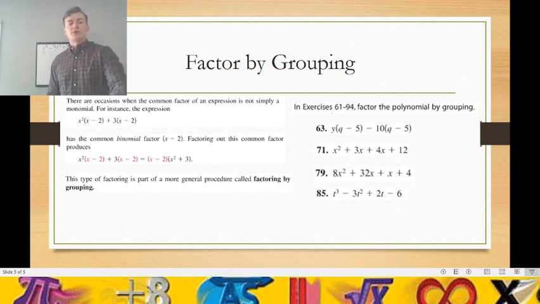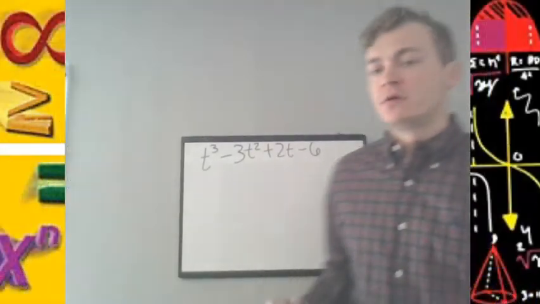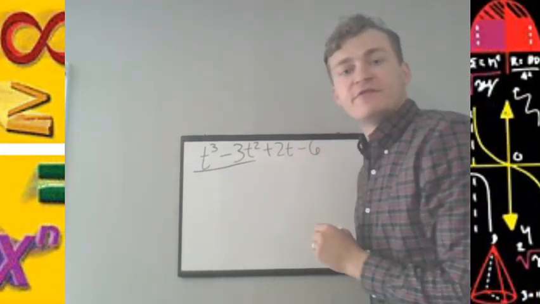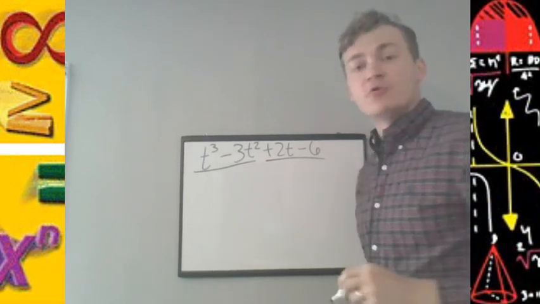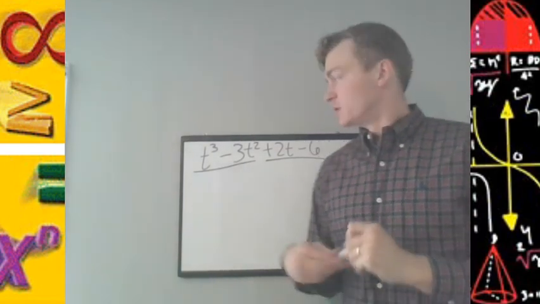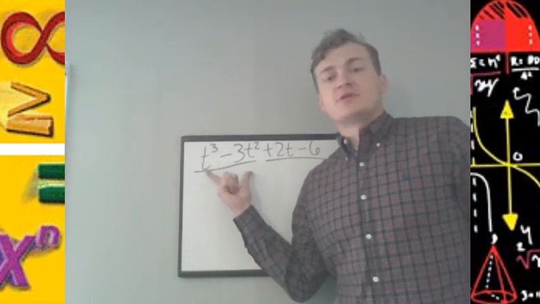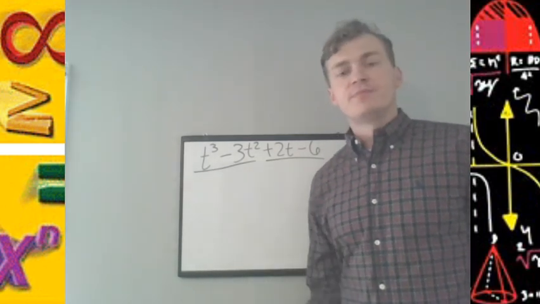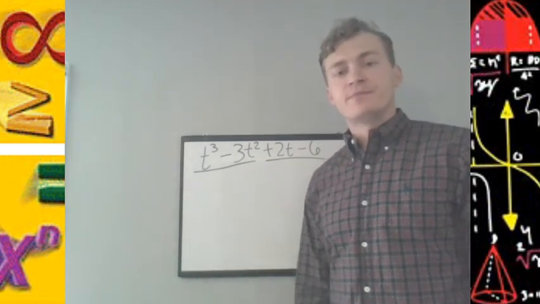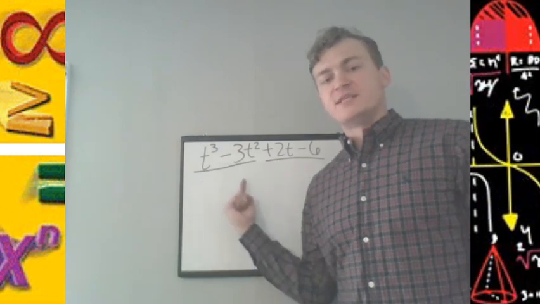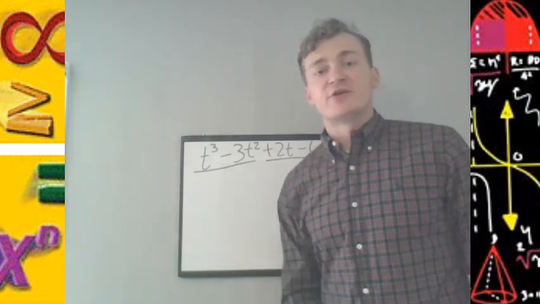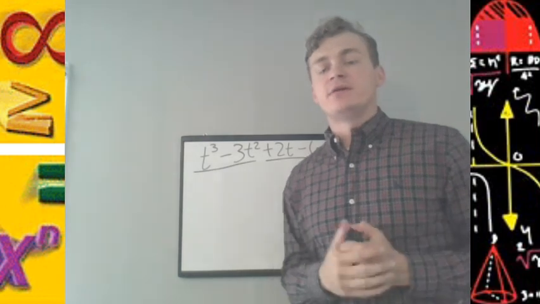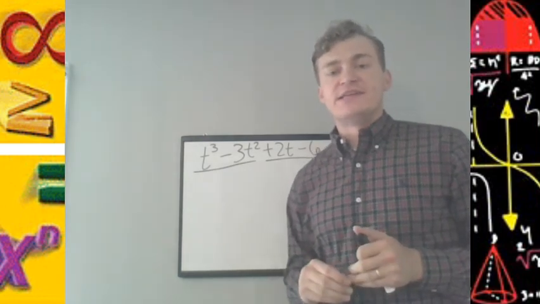We'll factor by grouping. In other words, we will group together the first 2 terms, and we'll group together the last 2 terms. For the first 2 terms, do we have a greatest common factor? t cubed, 3t squared. The variable t is present for each, so we know we can factor out the variable t, but how many factors of t can we pull out?